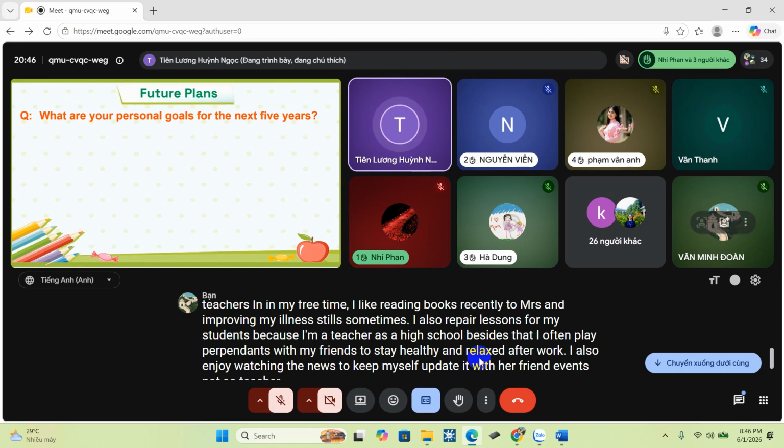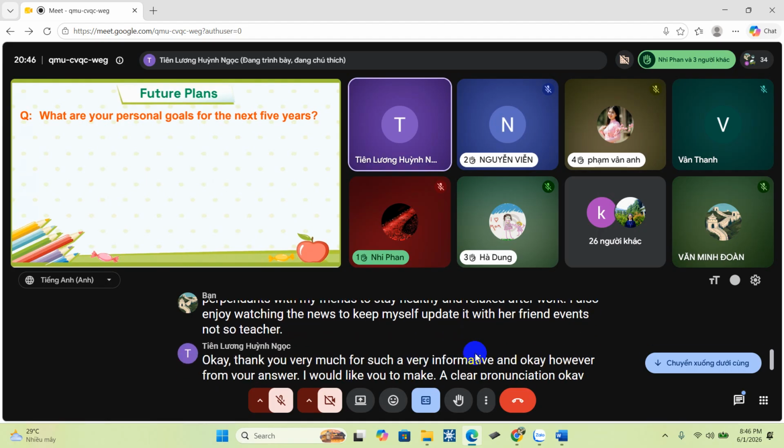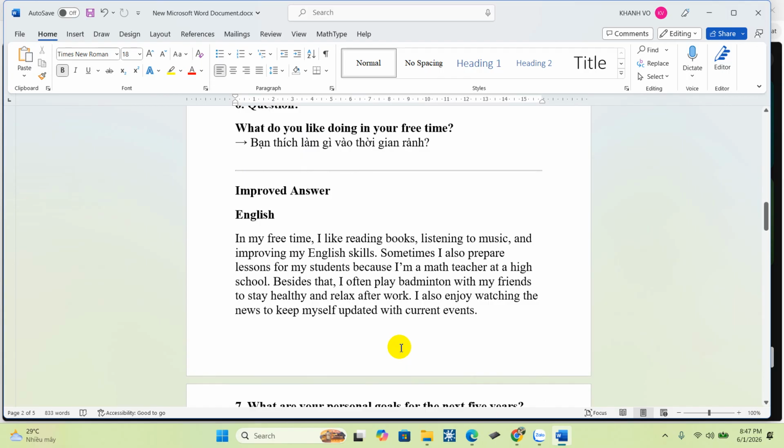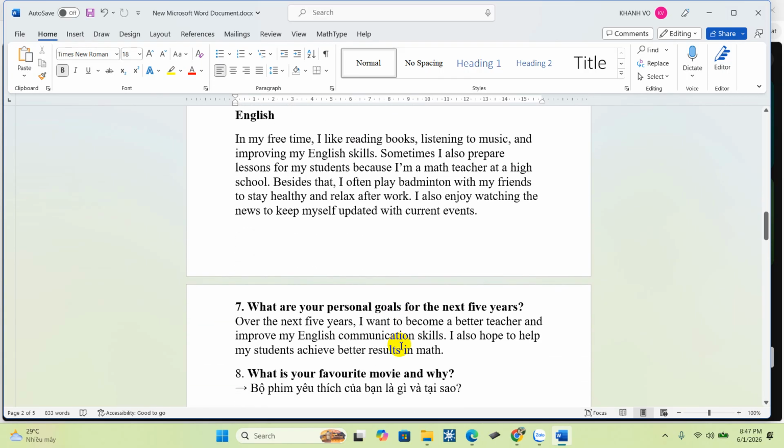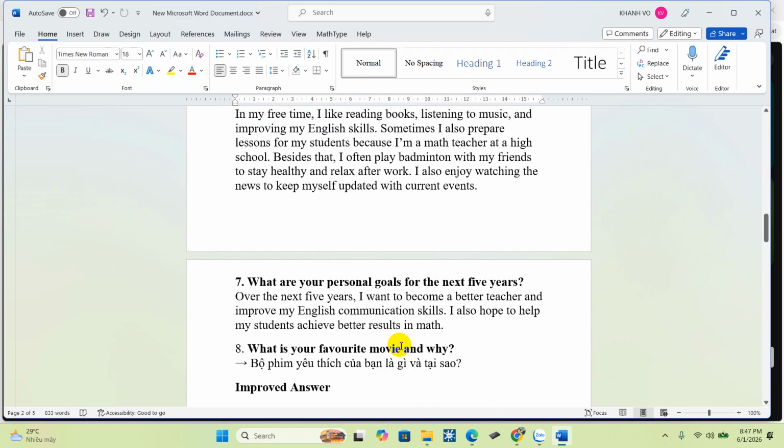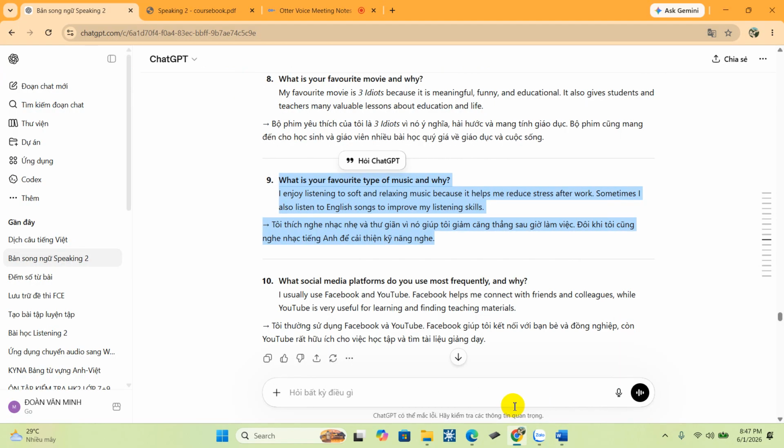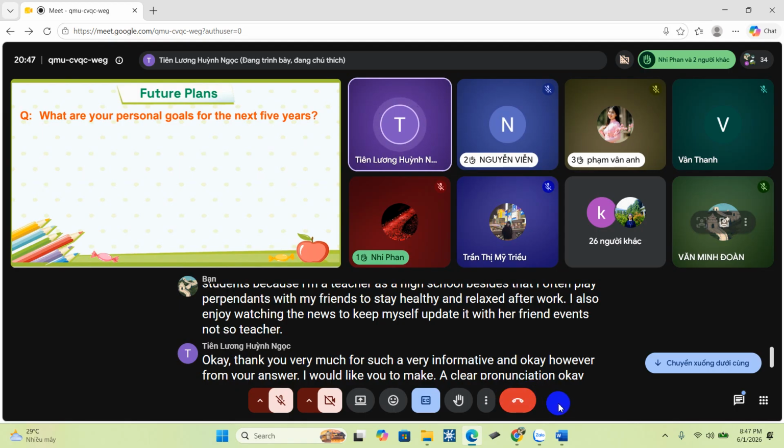For example, you give an example. And then you can give me the reason why you think that it's very important to you right now.